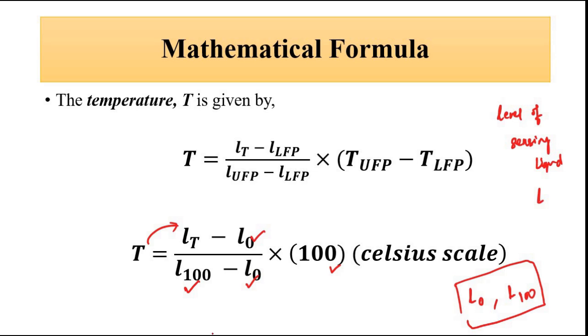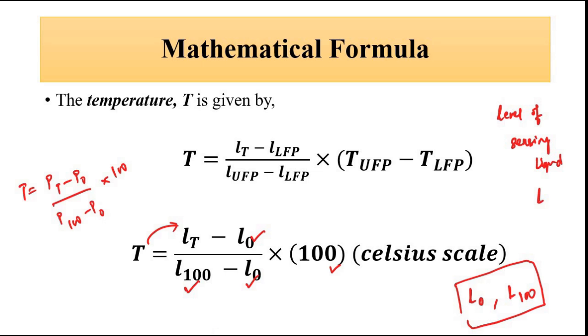If you see, the general format is the same. In the case of constant volume gas thermometers, it was PT minus P0 by P100 minus P0 into 100. Same thing, in the case of level we have just substituted the parameter.